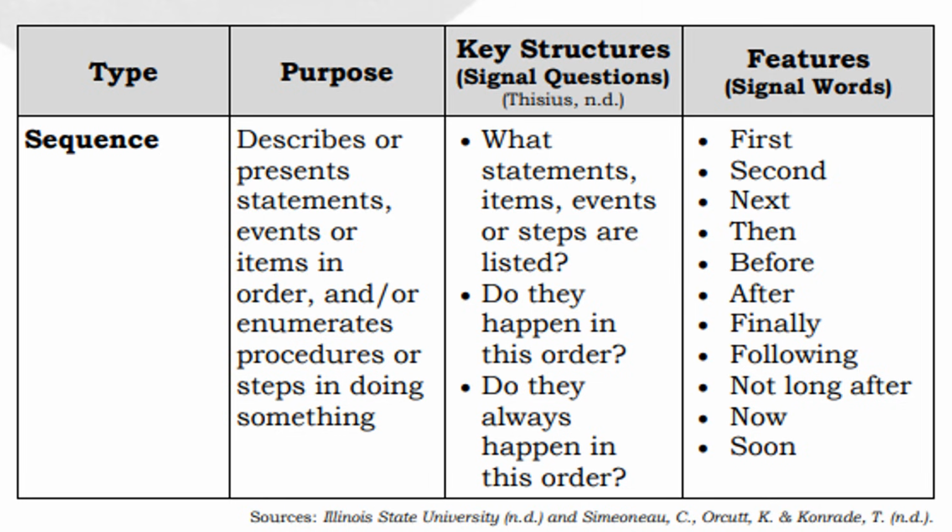Do they happen in this order? Do they always happen in this order? And the features or the signal words: first, second, next, then, before, after, finally, following, not long after, now, and soon.